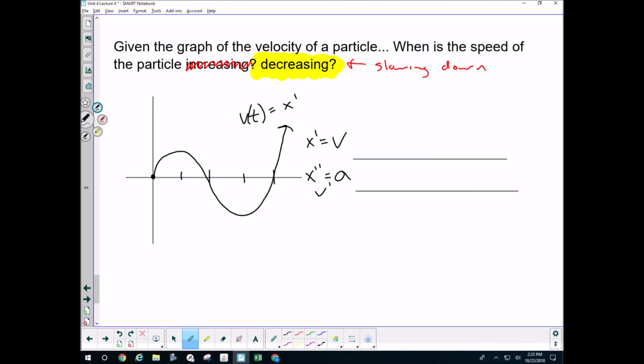That's the same as looking at the slopes of F prime, or the slopes of V. Okay, do your sign analysis and compare your answer with a neighbor.